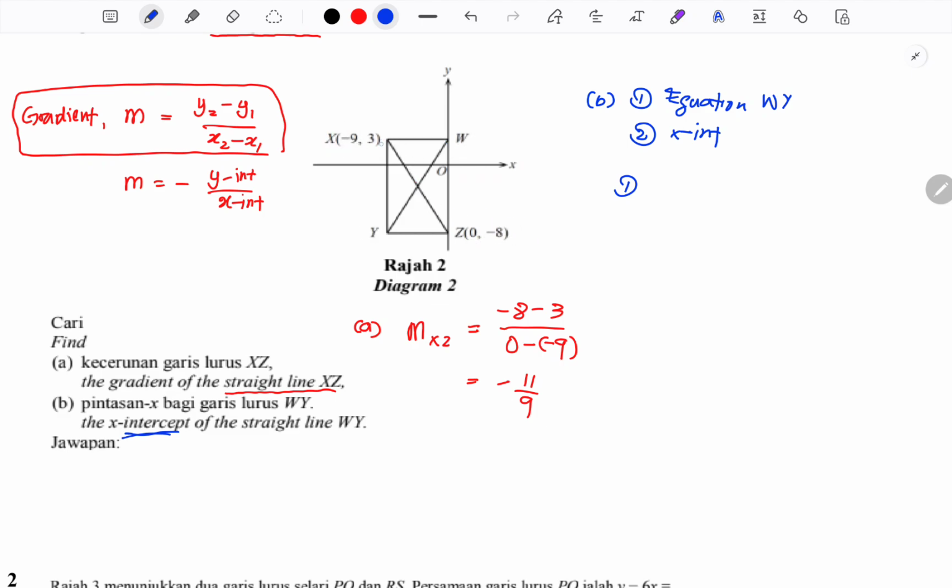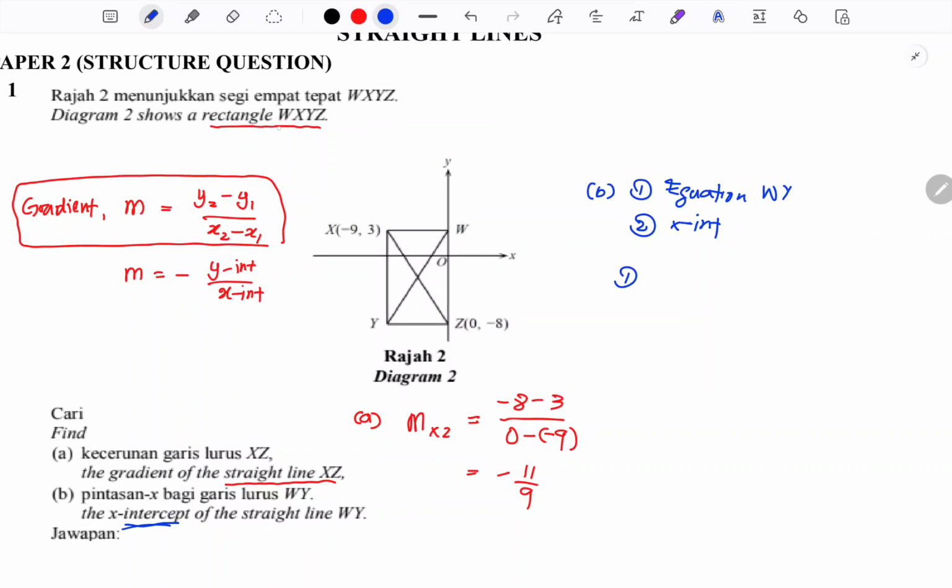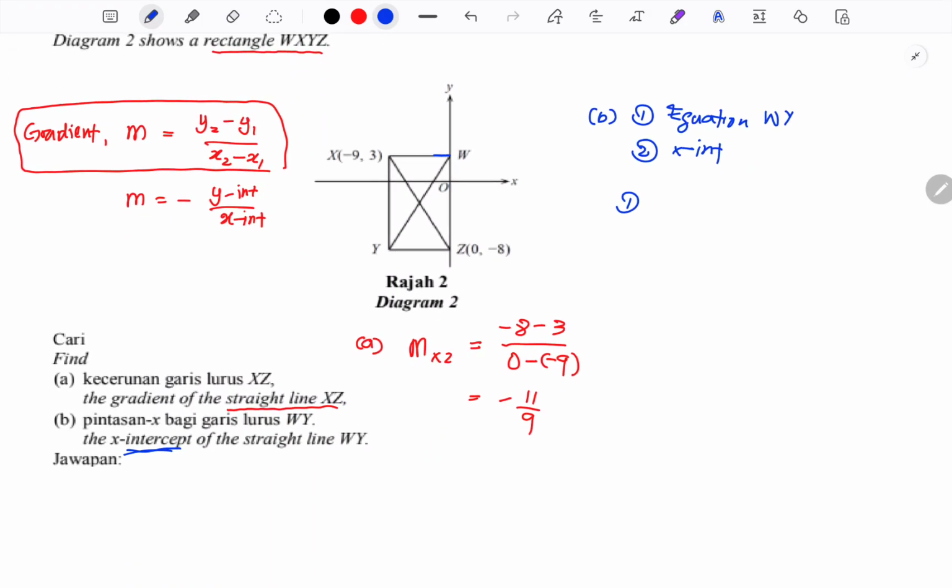How do we know? This is a rectangle, so all the sides are straight lines. The x coordinate here is -9, and here will be 3.